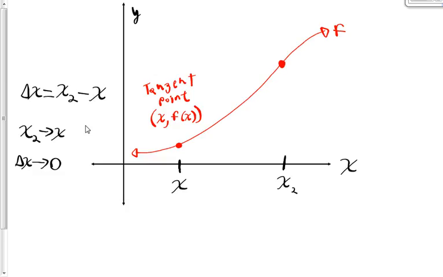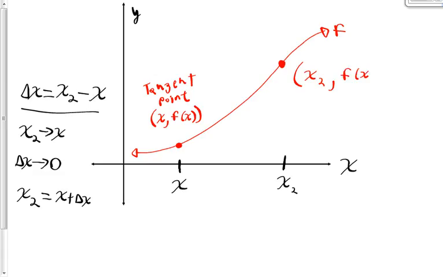The other thing I want you to keep in mind is that if we solve this equation for x2, it turns out that x2 is actually equal to x plus delta x. Remember, I don't want x2 to appear in my formula. The second ordered pair would be x2 comma f of x2.